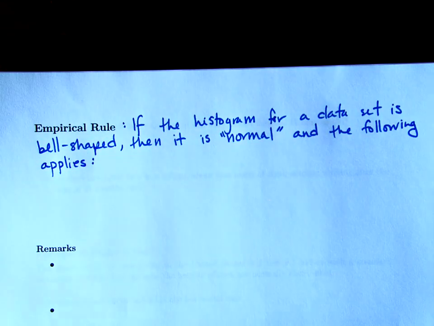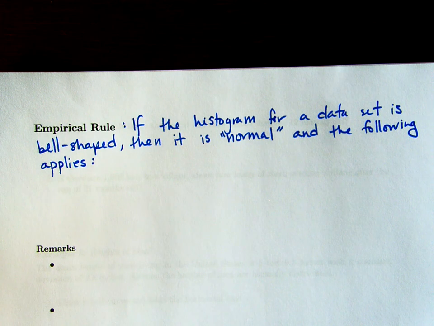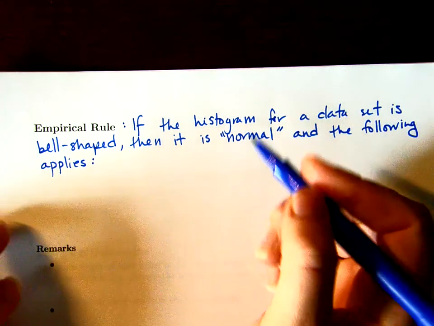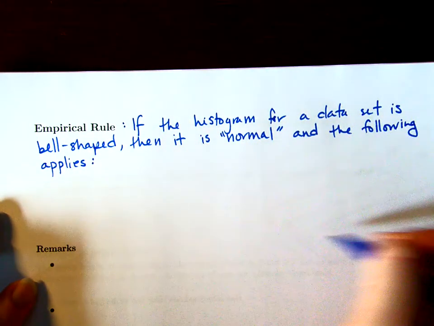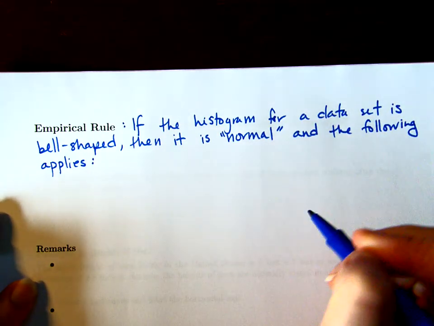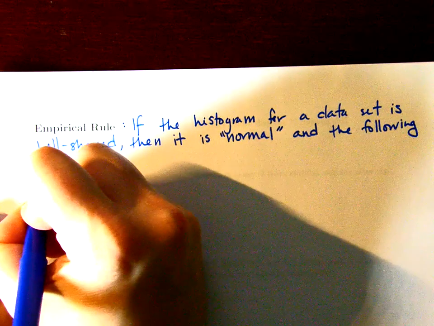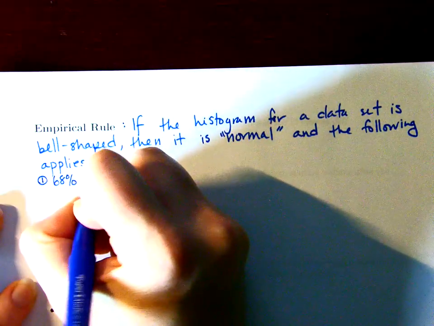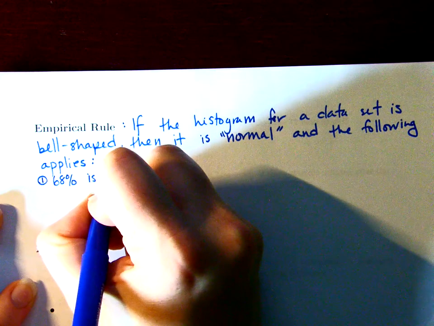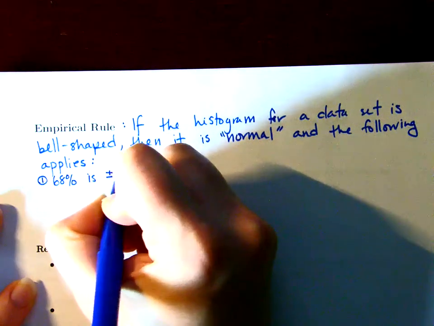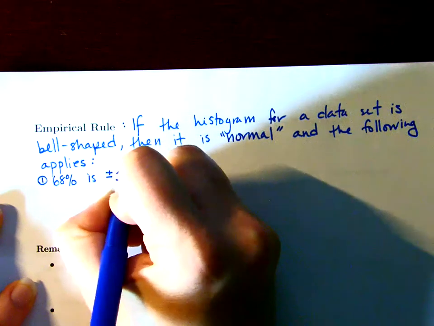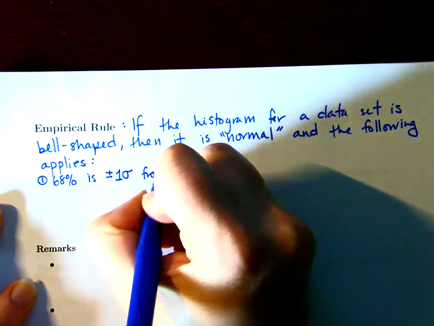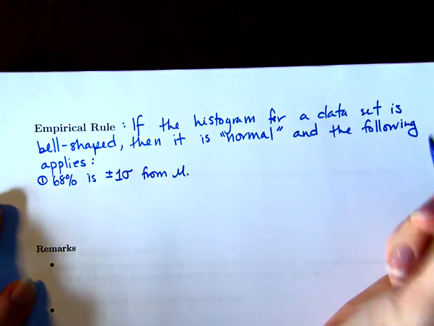Okay, so about 68% of the data values are within 1 standard deviation away from the mean. Okay, so I'm gonna leave myself some room over here to draw the actual bell, but first, about 68% is plus or minus 1 standard deviation from the average.